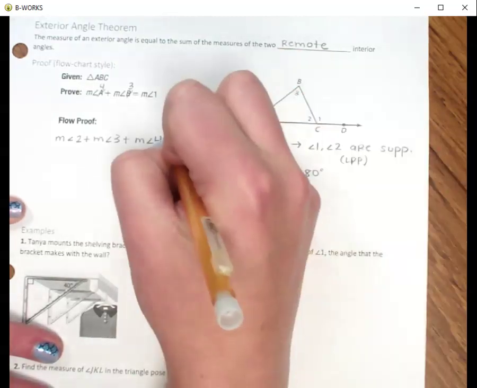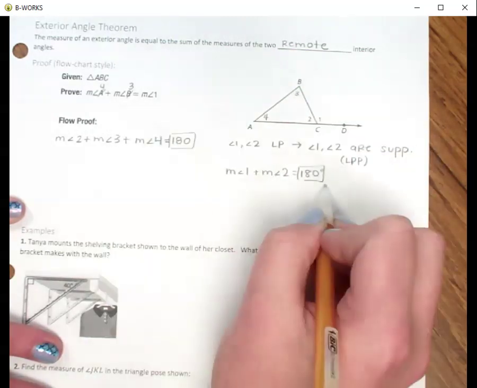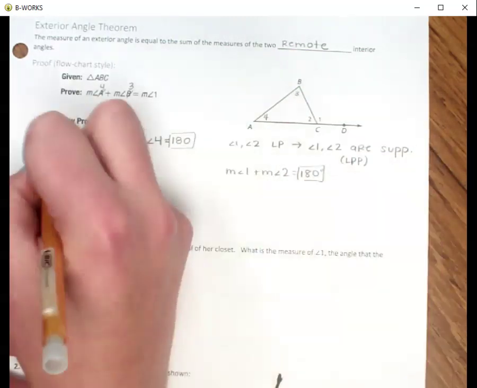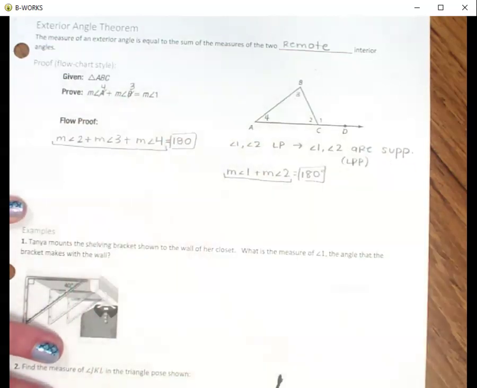Since we've got these both equal to 180 degrees, I can substitute and set these two expressions equal to each other.